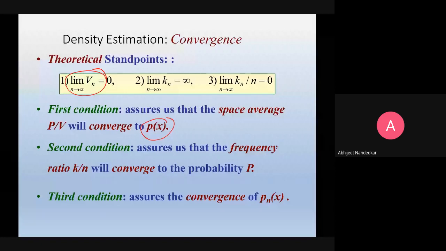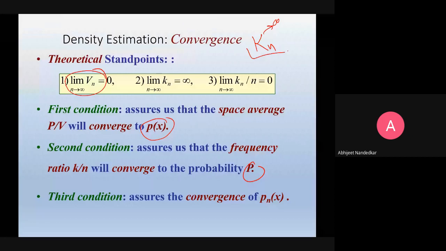Now the second condition assures us that the frequency ratio k by n will converge to the probability p. So I should have a sufficient value of Kn in my bin. Ideally I should have infinite samples, but this Kn should be only a part of the number of samples n.